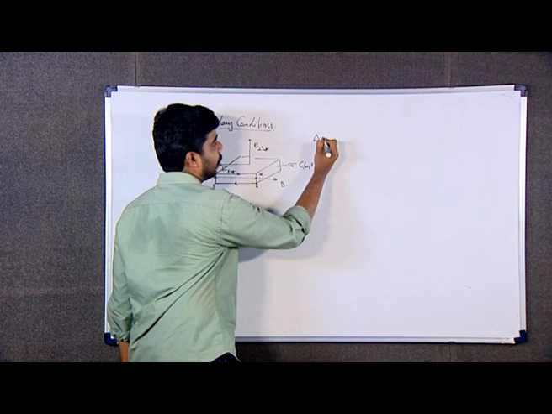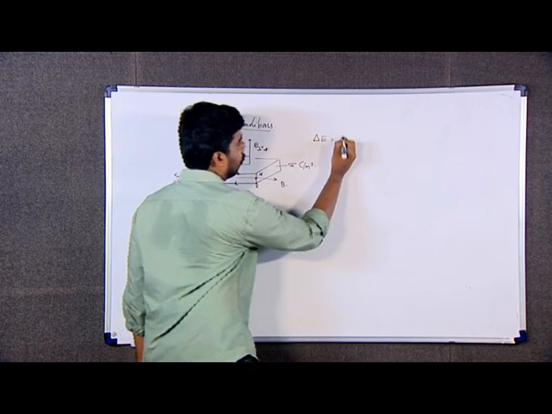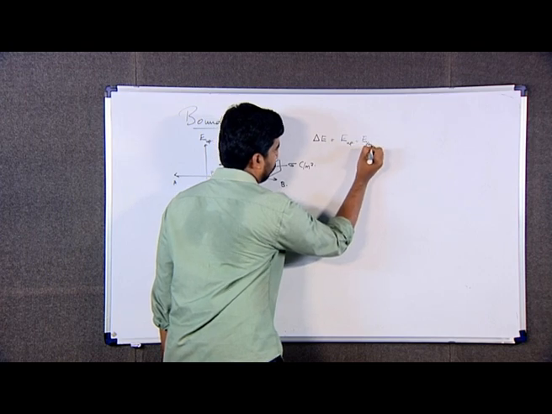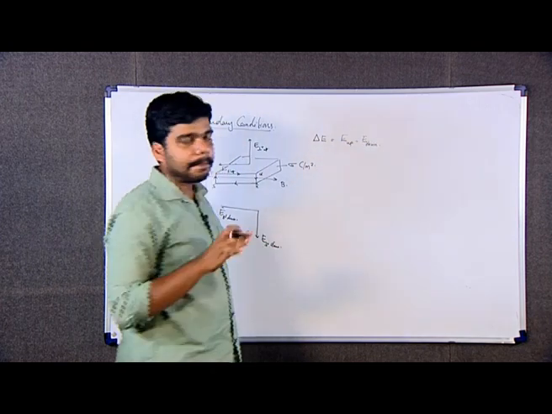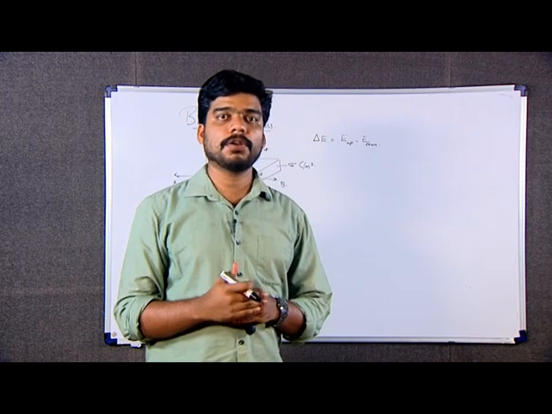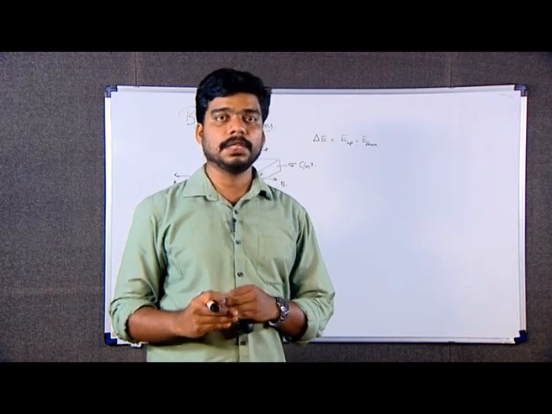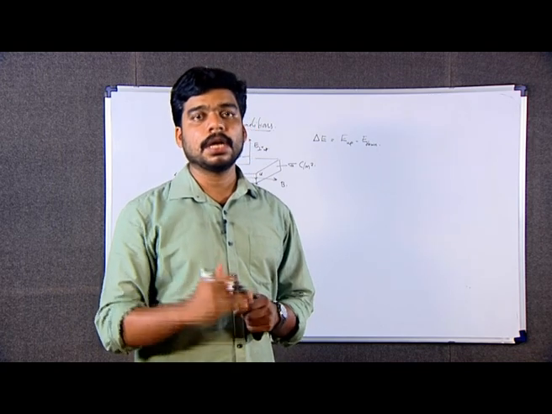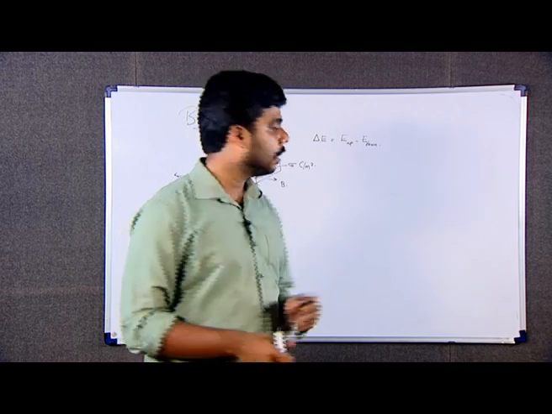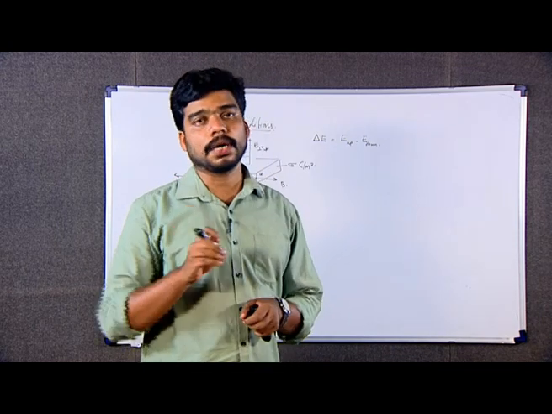The change in the electric field, delta E, is equal to E up component minus E down component. If the up component of the electric field is equal to the down component, then the electric field is continuous across that boundary. If something is changing across that boundary, then the electric field is discontinuous.